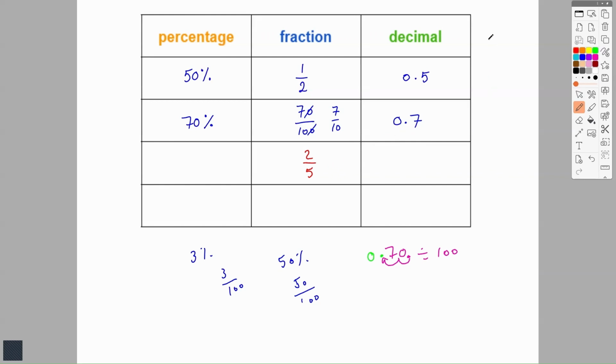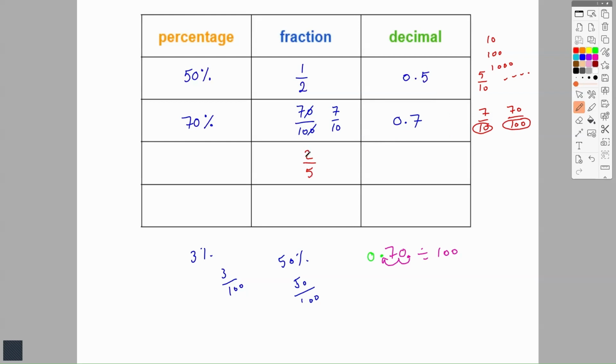A power of 10 means 10, 100, 1000, and so on. So 0.5 is 5/10, and 0.7 is 7/10, or 70/100. If you notice here, the denominator is a power of 10. That's the definition of a decimal number.